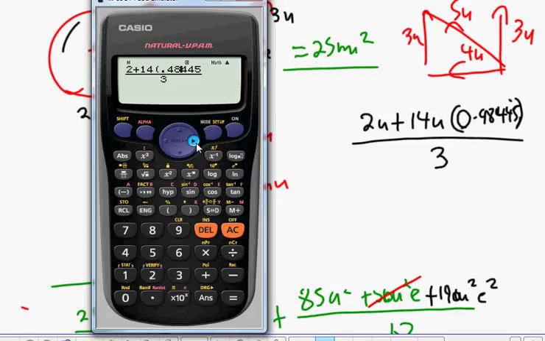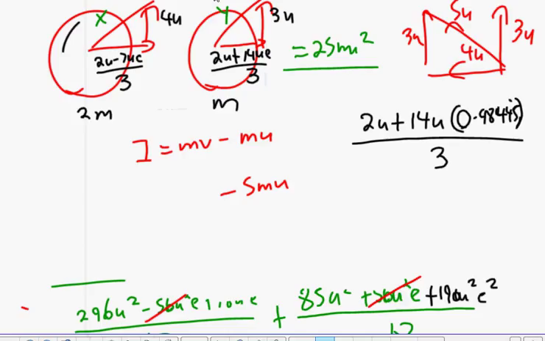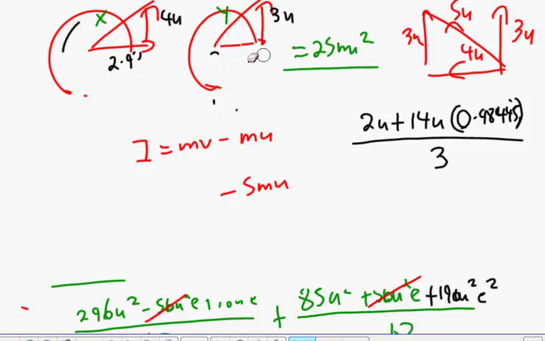Syntax error. 2.93. Oh wait, it's this one here. 2.93u. You happy with that?